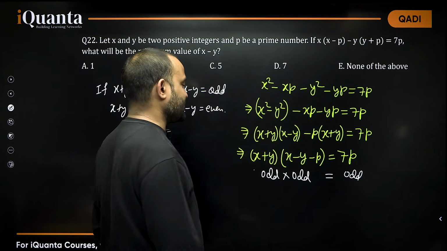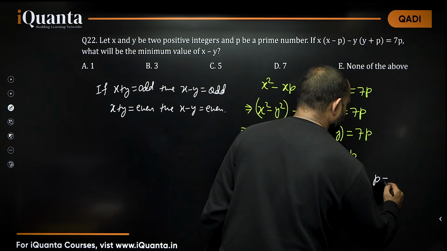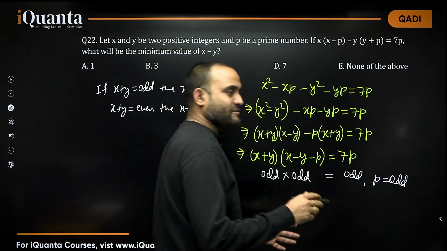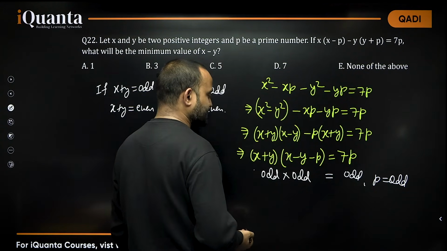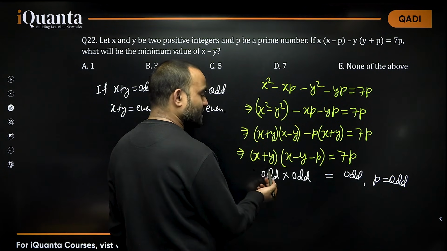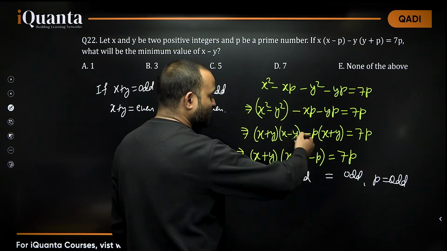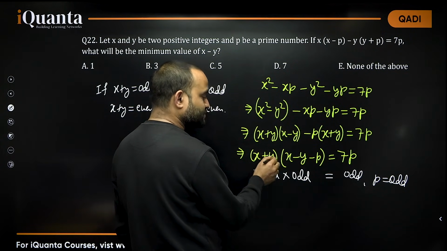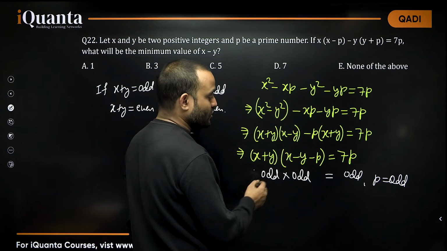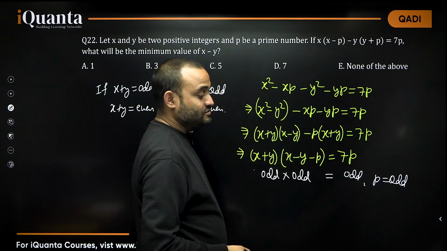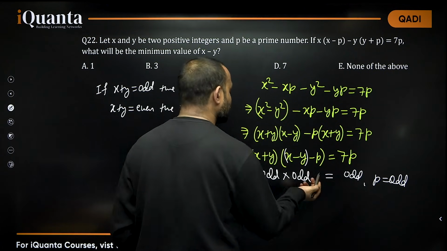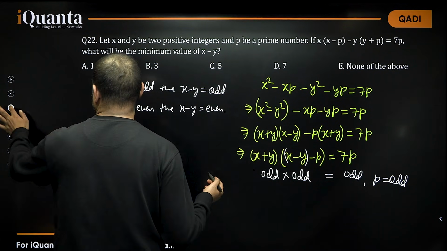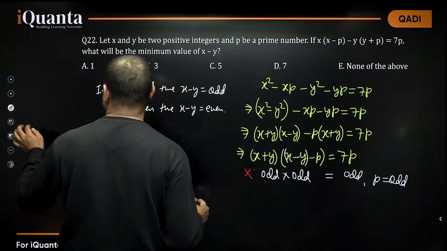So if I take P as odd, meaning any prime number like 3, 5, 7, 11, in that case X plus Y odd is possible. X minus Y is odd, because X plus Y is odd, and P is also odd. So odd minus odd will be even. So this case is not valid, right? This is not possible that P is odd.